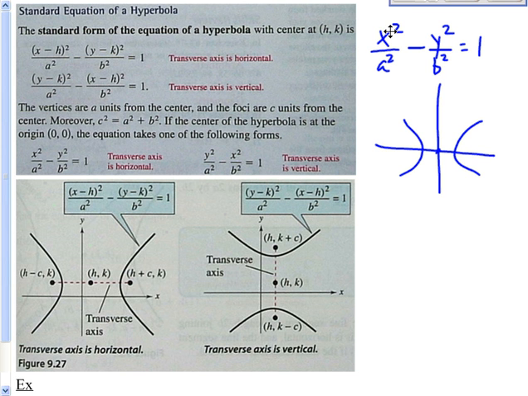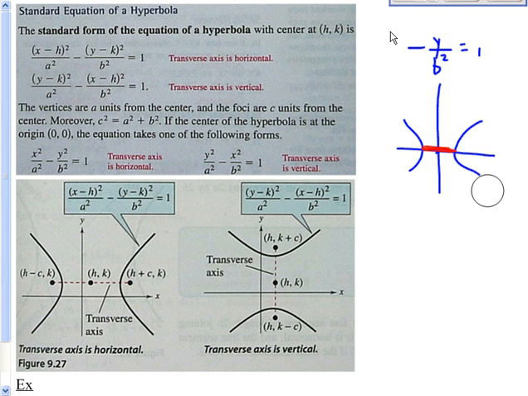So your transverse axis, by the way, is between your vertices. This is your transverse axis. If your transverse axis is horizontal, it's going to be the one right there: x minus h quantity squared over a squared minus y minus k quantity squared over b squared equals 1.